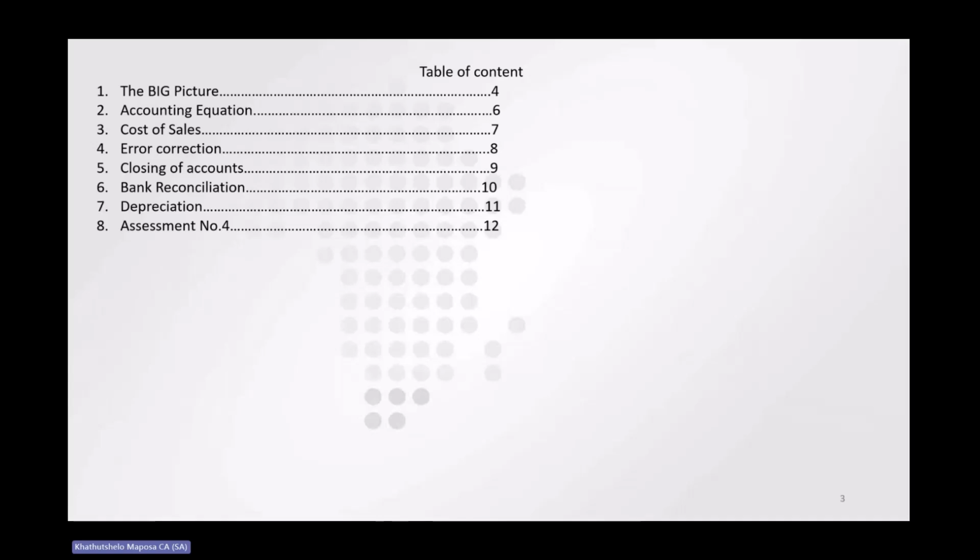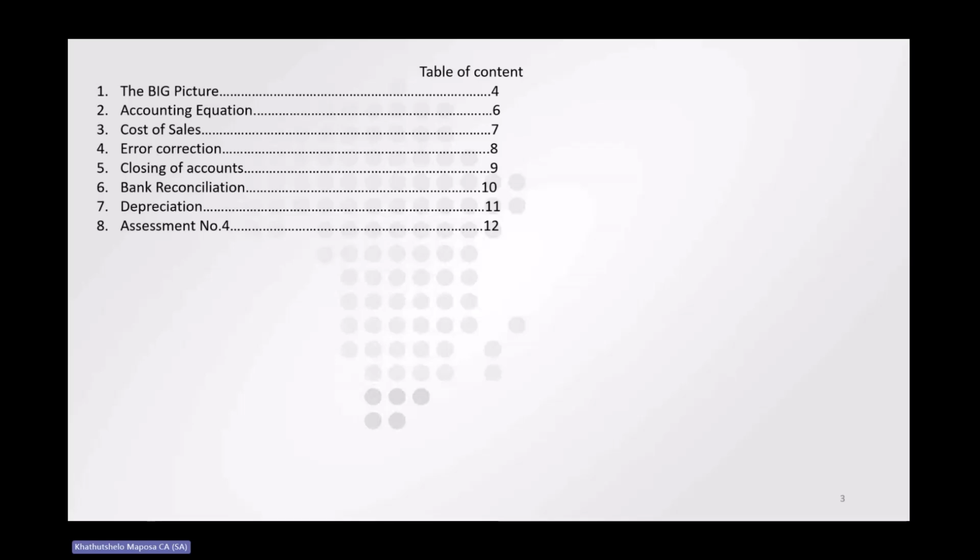Today we'll look at these 8 items, the big picture. This is the overall accounting from start to end, and we'll delve into the topics that you have requested in the previous class. You have requested that you require a second bite on them, or for us to revise them, and we went and looked at those, which is the accounting question, and we'll have a second look at the cost of sales.